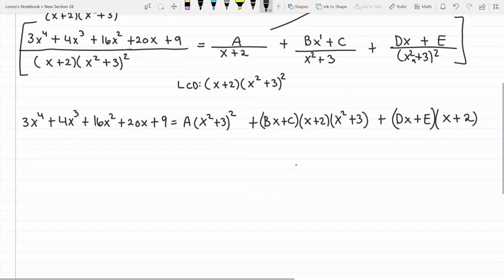Now what you would do is FOIL it out. I know it is a pain. So A times x squared plus 3 squared. When you FOIL that out, that would be x to the 4th plus 6x squared plus 9.